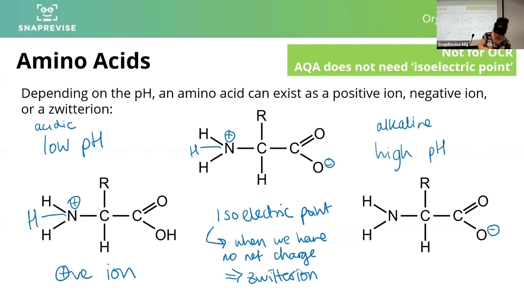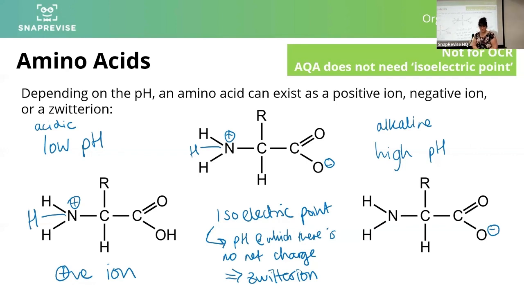Sorry, I should be more specific. The isoelectric point is the pH at which we have no net charge, the pH at which we create a Zwitter ion.